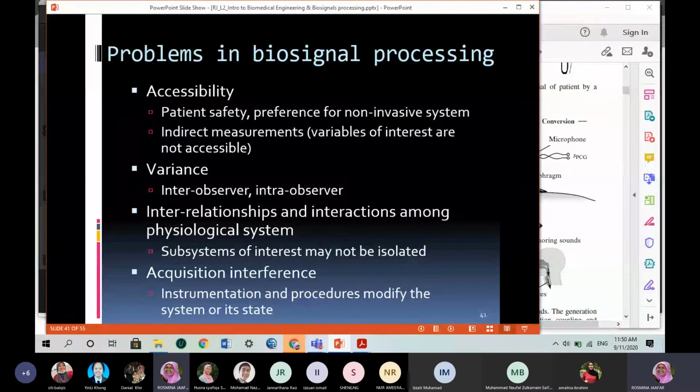Now we look at issues or problems in biosignal processing. There are a few issues. One of them is accessibility, patient safety, preference for non-invasive systems. So it is difficult to obtain biosignals from a person because most people don't want a system that is invasive, taking the data from the inside of the body.